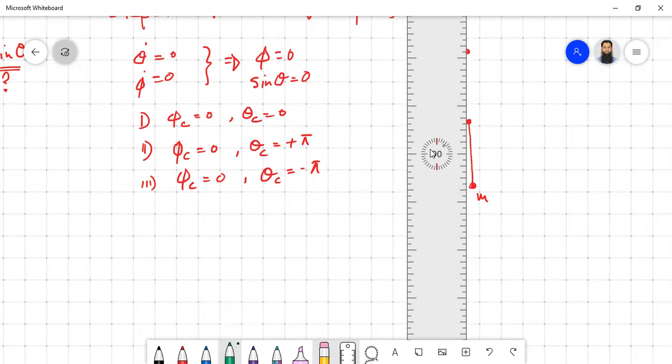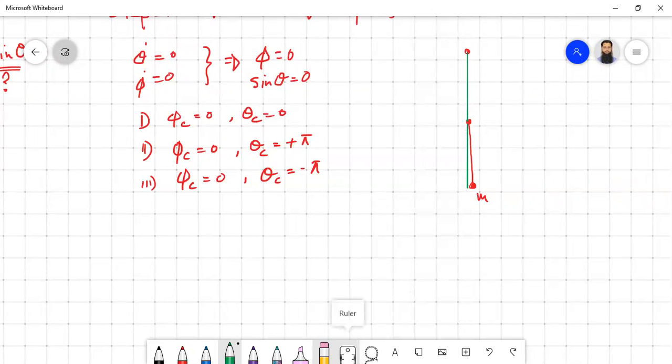Okay, just assume that this is your vertically upward line and this is your vertically downwards line. So this is two points. This is your phi equal to 0 as well as theta equal to 0.